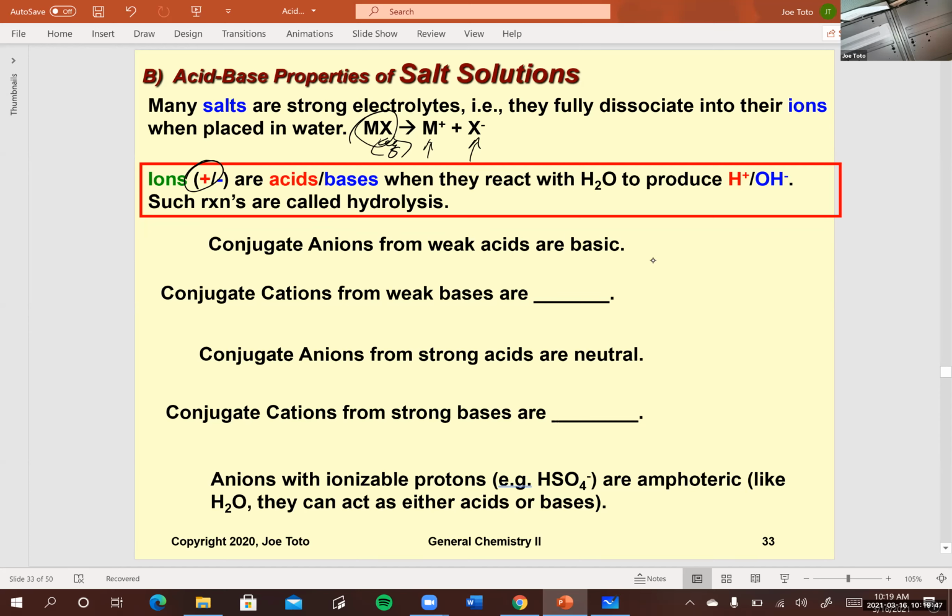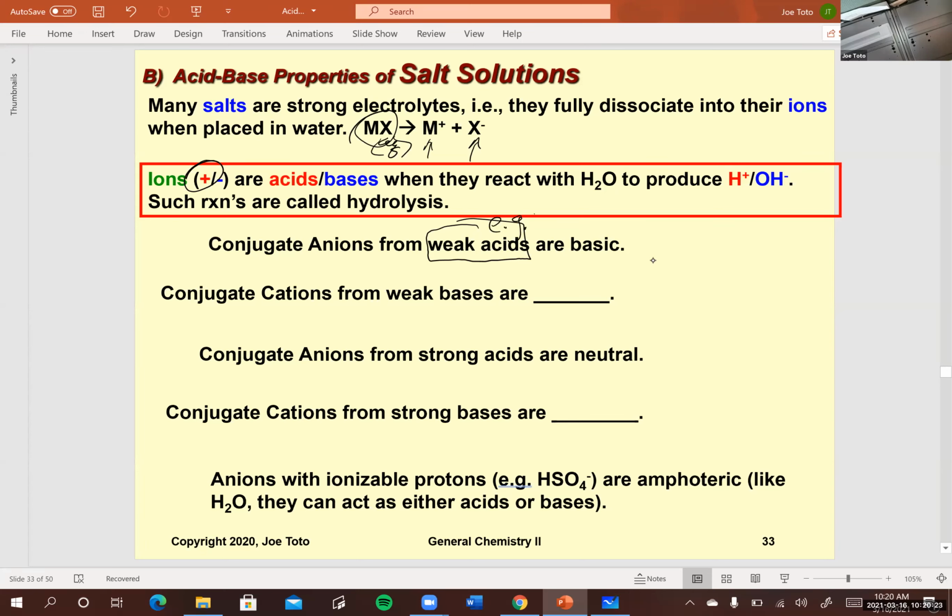It says conjugate anions from weak acids are basic. Give me an example of a conjugate anion of any weak acid. Anybody know? Give me an example of a weak acid. Acetic?